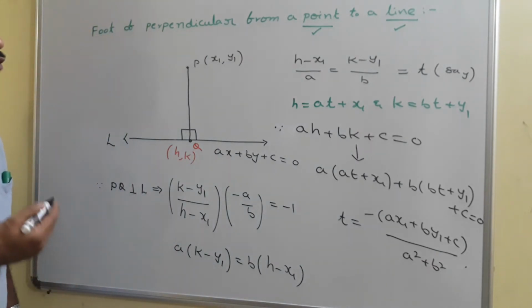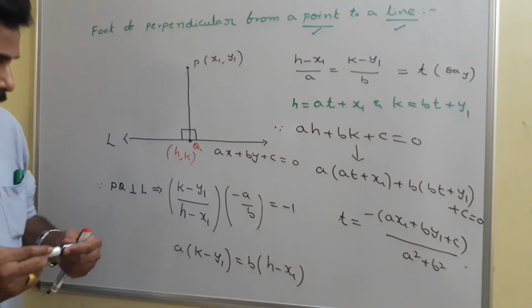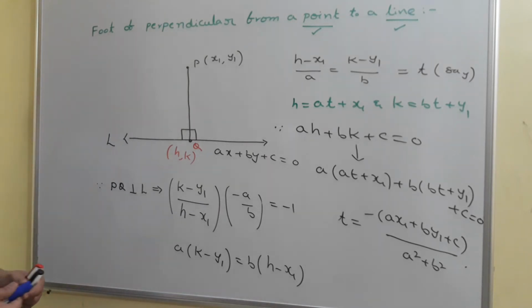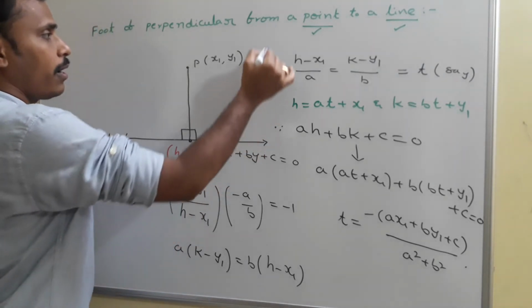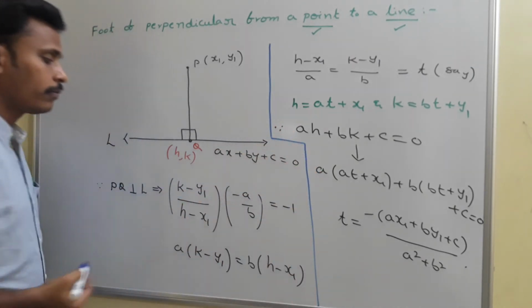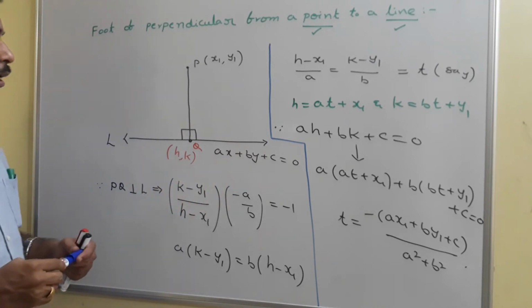Just look there. See, foot of perpendicular from a point to a line. See how we found it. To find that foot of perpendicular from a point to a line, first of all, initially you let that point as h comma k, and by taking that point as h comma k, slope of this PQ into slope of this line is minus a by b.